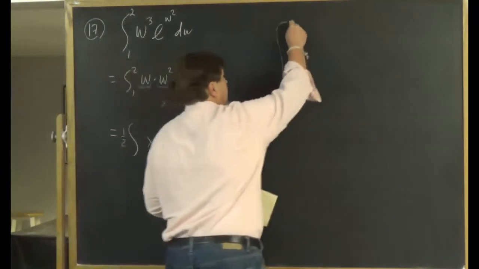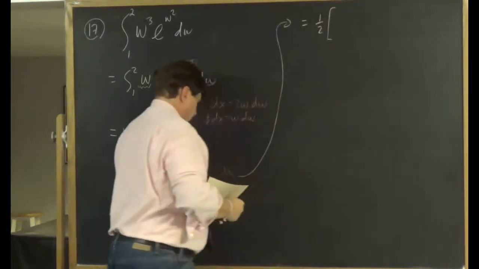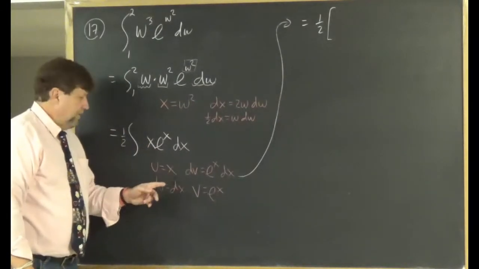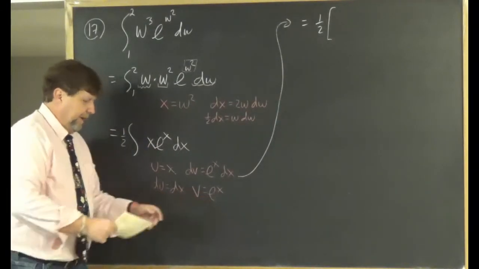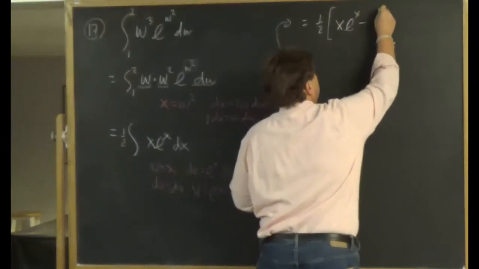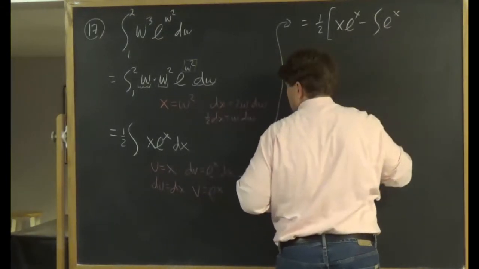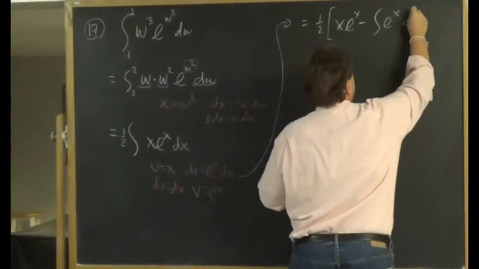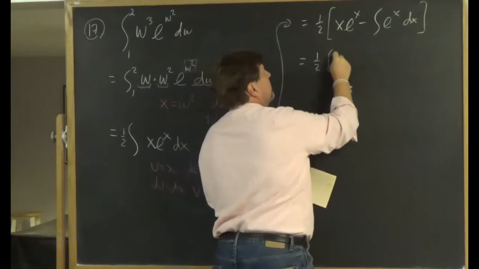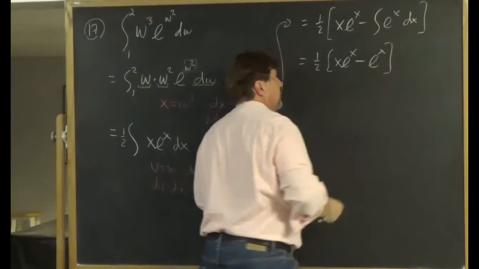So let me pull it up here now. So we have 1/2. And now I'm going to crank this integral through integration by parts. Remember, integration by parts is u times v, so that's x e to the x minus the integral of v du, which is the antiderivative of e to the x, which is e to the x.